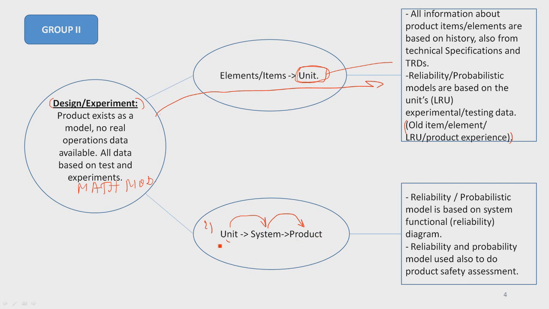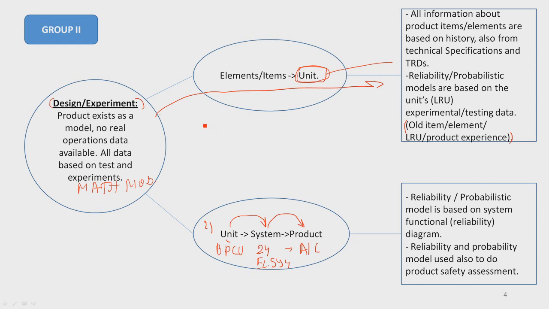Let's say the unit was BPCU. The system is, since this is an electrical element, the bus power control unit LRU, we put here in 8824, which is the electrical system. And the product, in this case, is the aircraft itself.